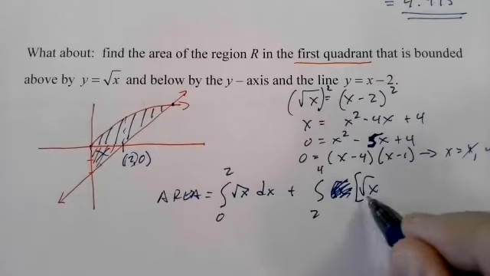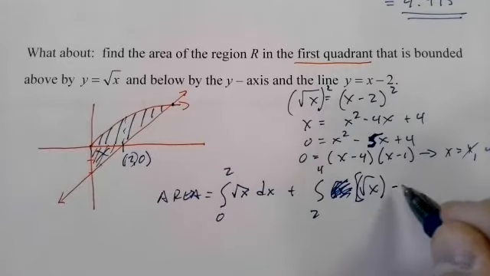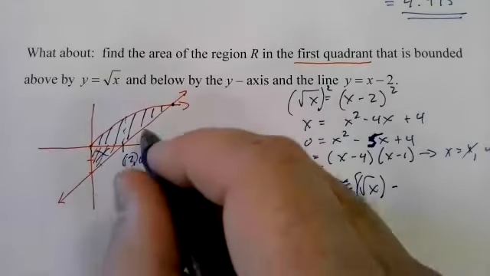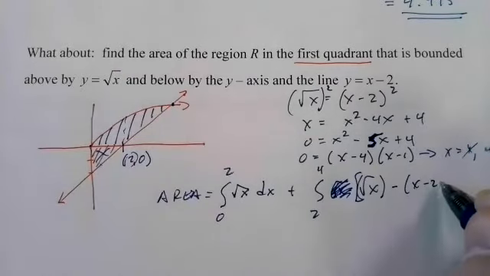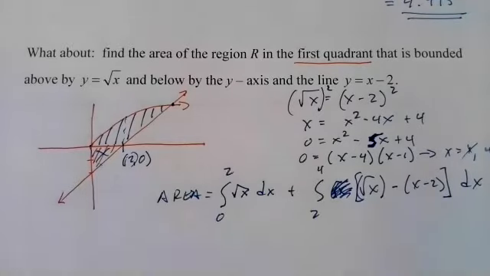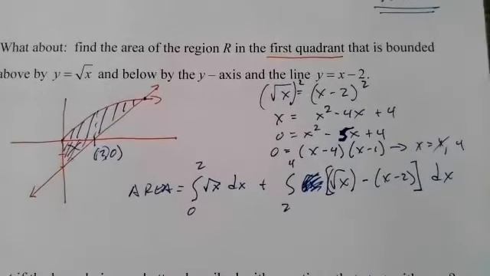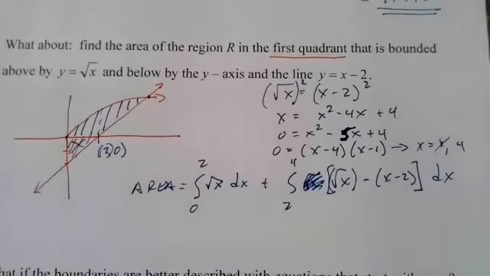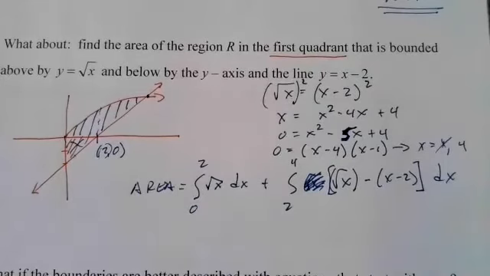Square root of x minus the bottom one, x minus 2, dx. So that is a way to do it, right? I'm not putting up an answer, and I'll explain why soon, because we're going to do this at least twice more. But let's just start with that.